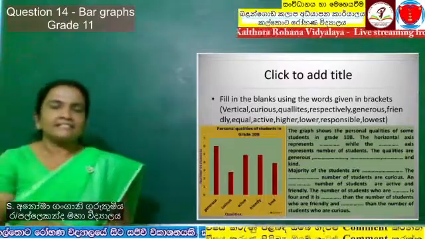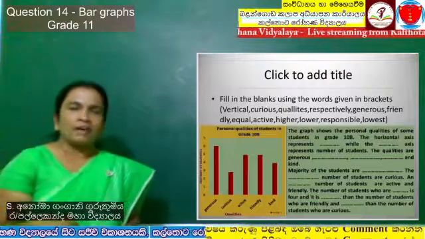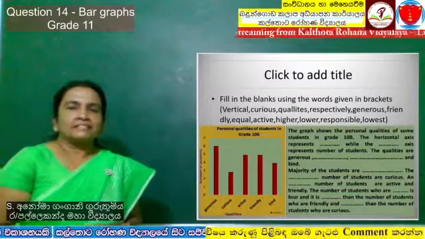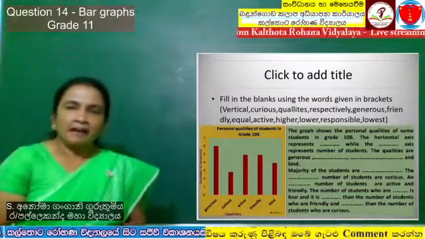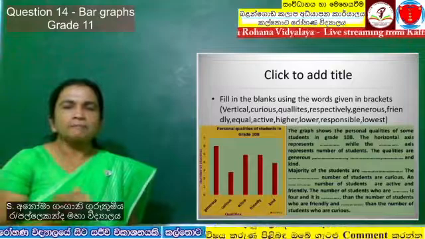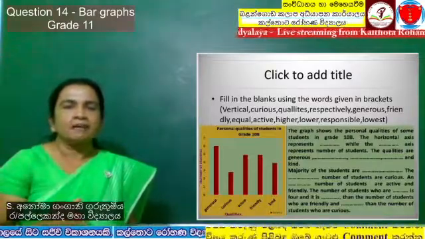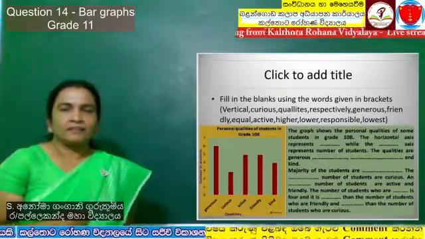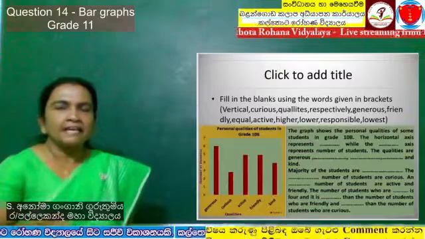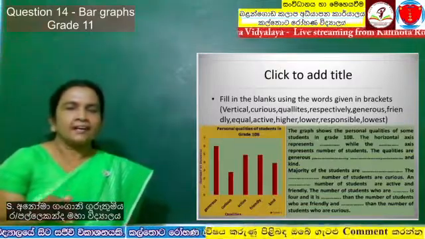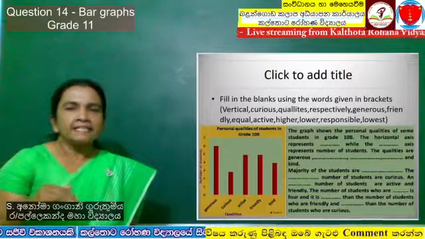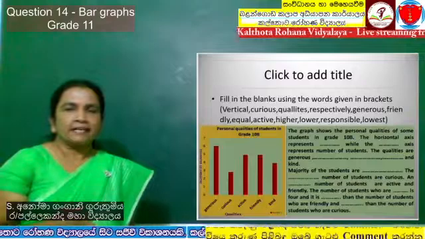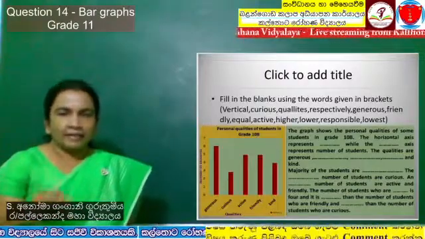Now complete this sentence. Read the whole paragraph with me. The bar graph shows the personal qualities of some students in grade 10B. The horizontal axis represents qualities, while the vertical axis represents number of students.